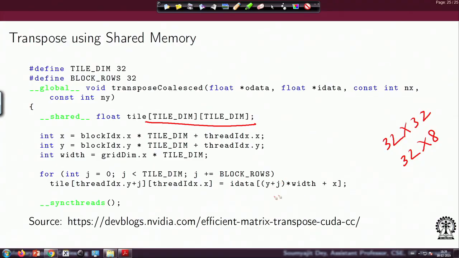Then as you can see, what will happen is inside this for loop, your iterator j is starting from 0. In every iteration, you are increasing by a block row number. Assume that that number is 8, then your loop really iterates. So you have each thread loading 4 data points into the tile, and then in the other loop it is writing 4 data points into the global memory.